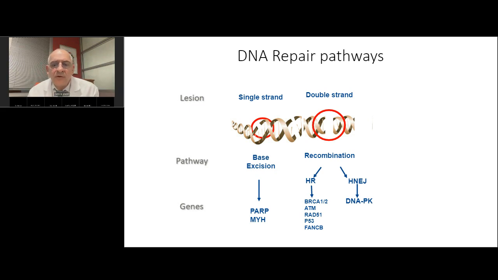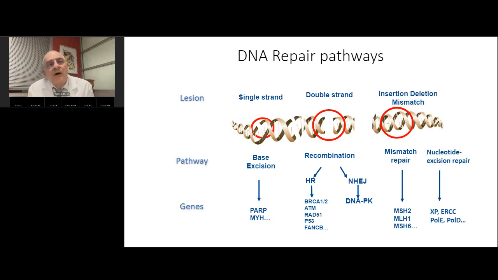The well-known homologous recombination pathway involves several genes, as BRCA1 and BRCA2 gene, and several other genes. And in parallel, we have what is called a non-homologous end joining pathway outside the HR pathway to repair double-strand lesions. And finally, also, I would like to mention another process for mismatch and nucleotide excision repair for a single mutation or deletion.